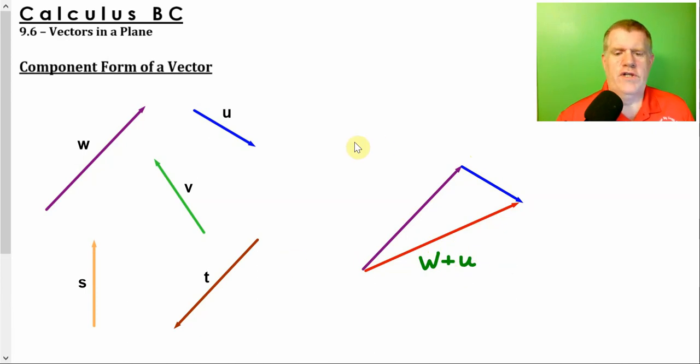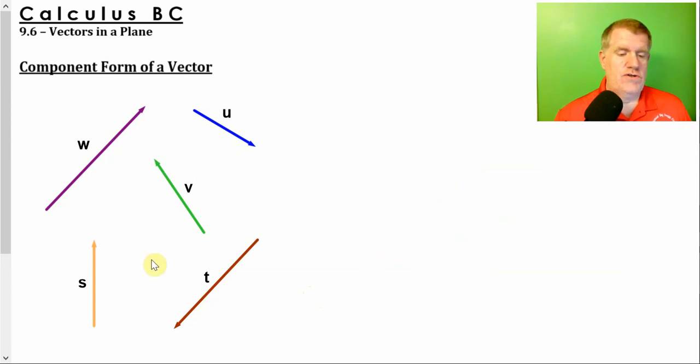And we could do really any kind of operations we want on these vectors. I shouldn't say any kind. We can add them, we can subtract them, and we can multiply them by a scalar. So what I would mean by that is, let's say we do something like this. 2s plus t.